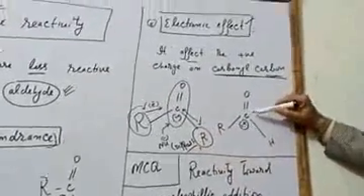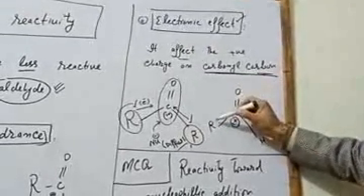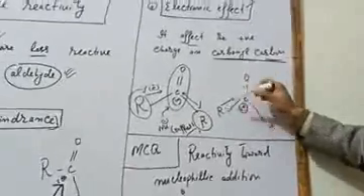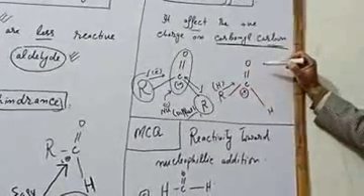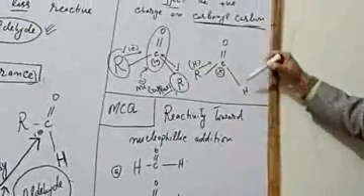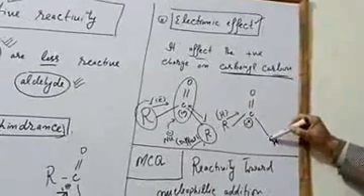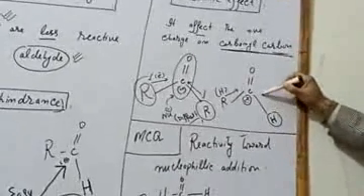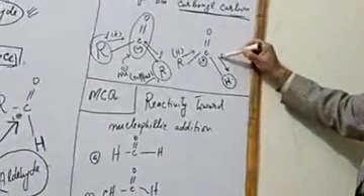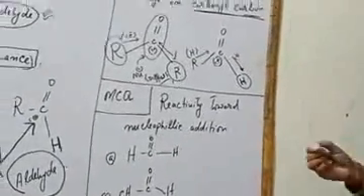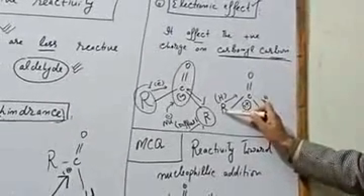Here in aldehyde, we may have one alkyl group, or we may have a hydrogen instead. The groups attached are hydrogen, which is not electron donating, rather it is electron withdrawing, and an alkyl group which is electron donating.